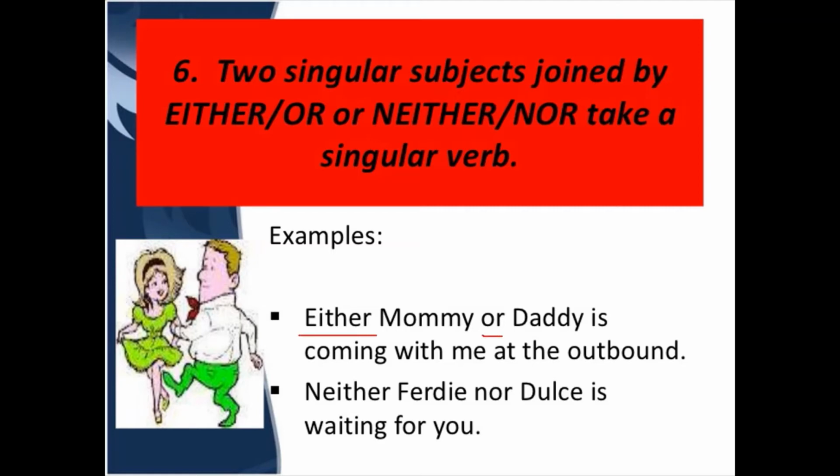These are mommy and daddy. The verb used in the sentence is a singular verb, is. So in the next example, there are two subjects here, Ferdy and Dulce.